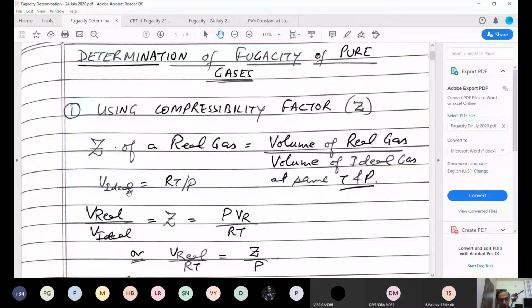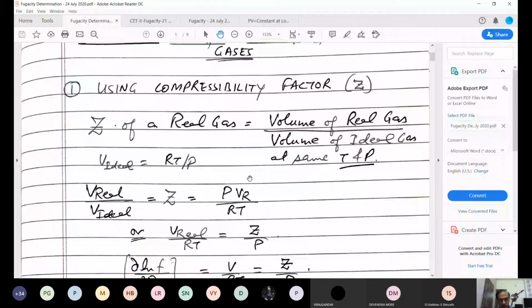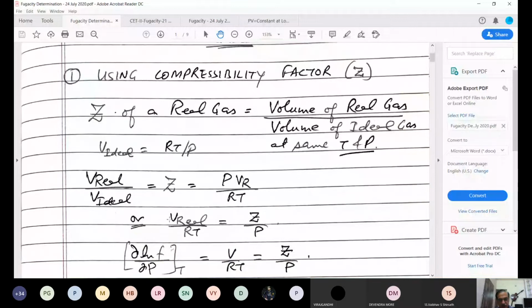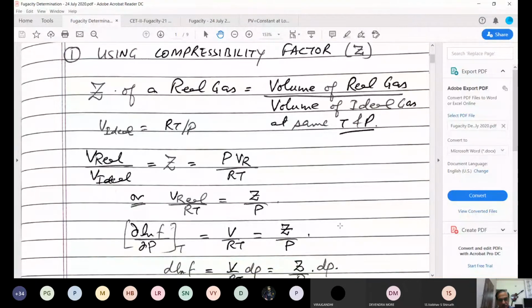So we can say V real upon V ideal, that is Z, is equal to P by RT into V real, volume of real gas. Or you can write V real upon RT is equal to Z upon P. Right? And we have seen ∂ln f/∂P at constant T is equal to V by RT. एक मिनट पहले देखा हमने ये डेरिवेशन.